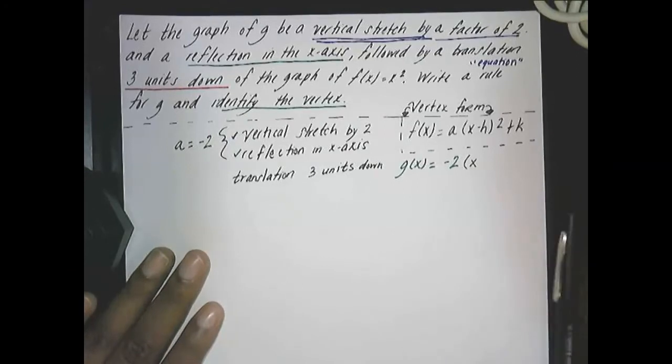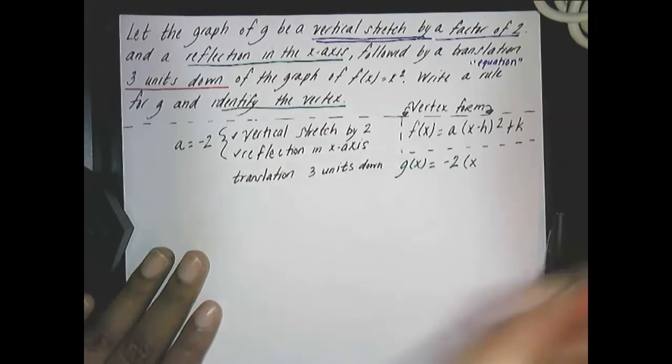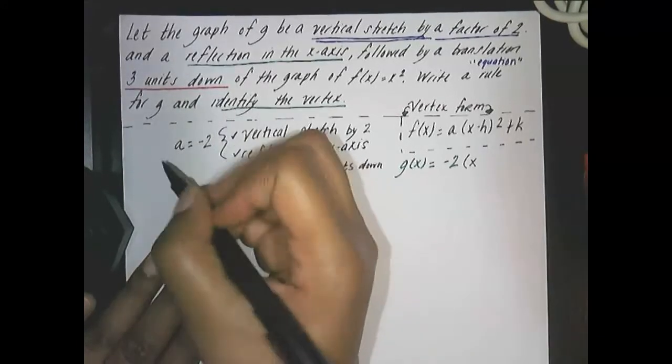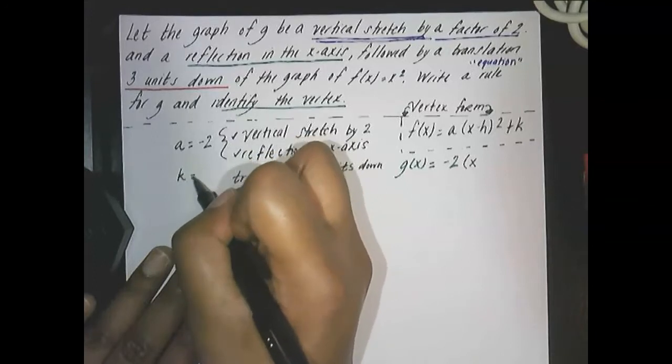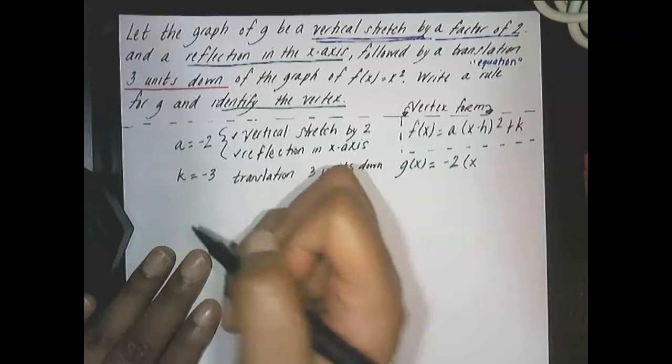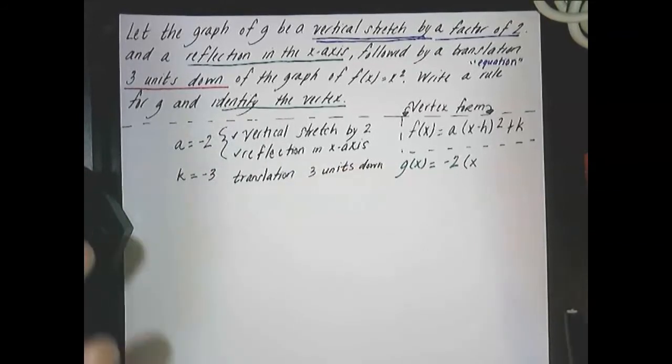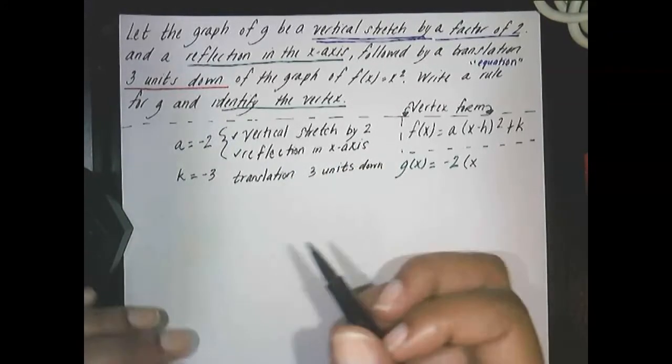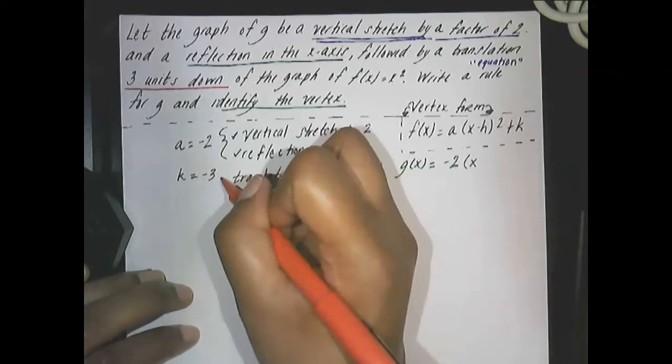That affects our k variable. Since we're going 3 units down, k is going to be -3. If we were going up, it would be +3, and I wouldn't even need to put anything there. So we've taken care of what's in red.